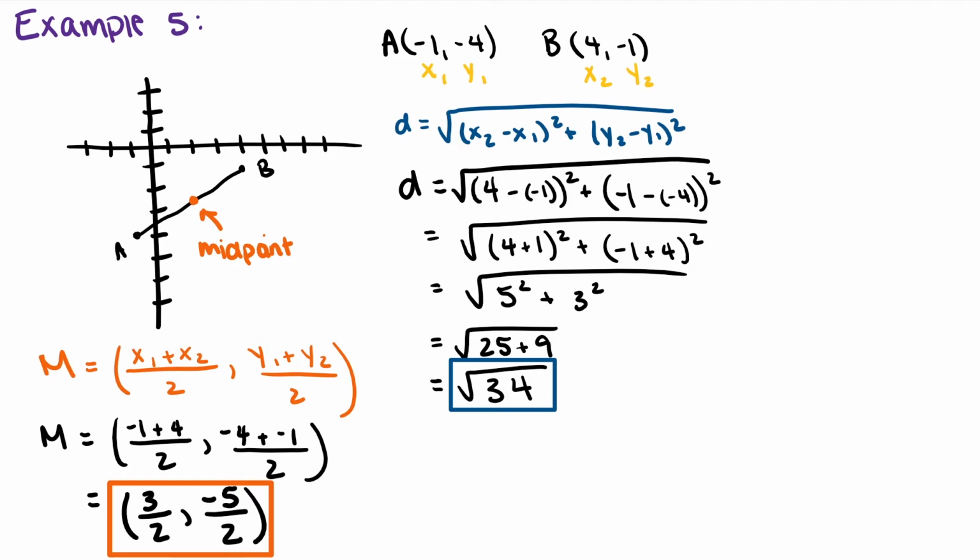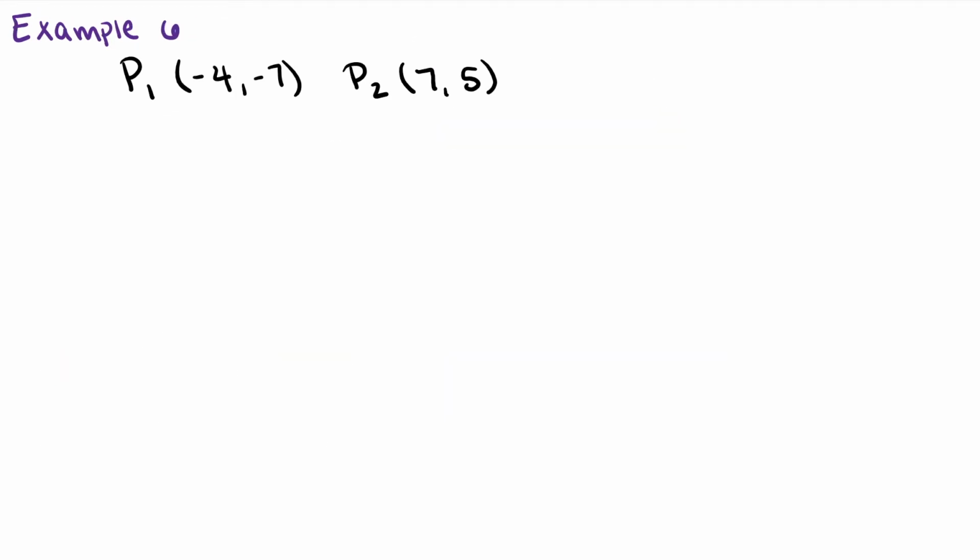Let's take another example, again being given 2 points rather than a line segment on a coordinate plane. Our points are -4, -7, and 7, 5.